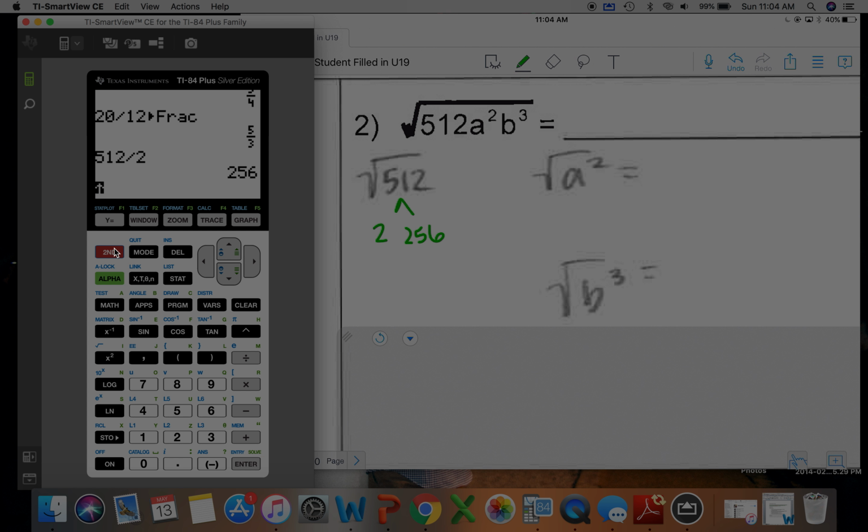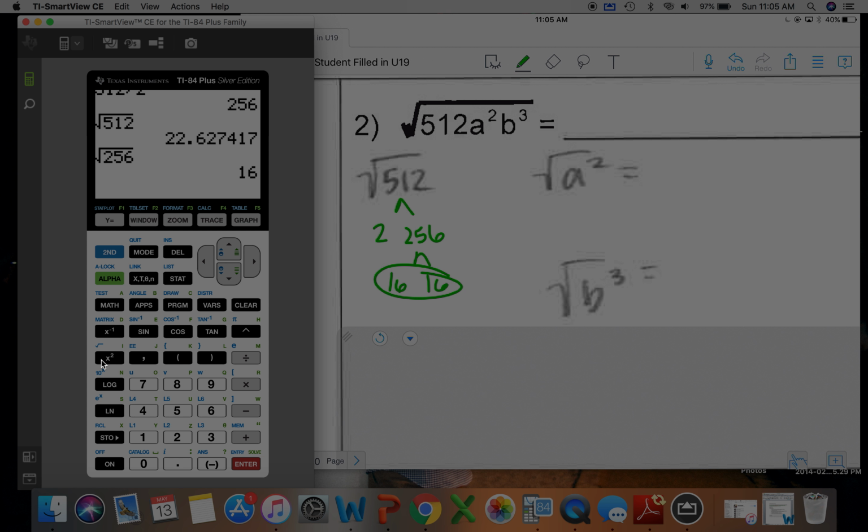Now, something I forgot to do, it's always important to try the square roots first. Okay, that didn't work, so I'm good. Now let me try the square root of 256 because that kind of sounds familiar. Oh, 16 and 16.